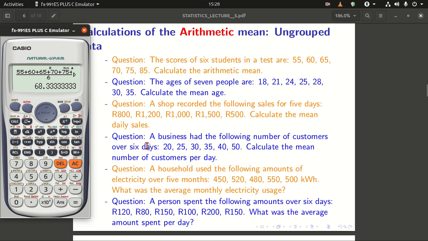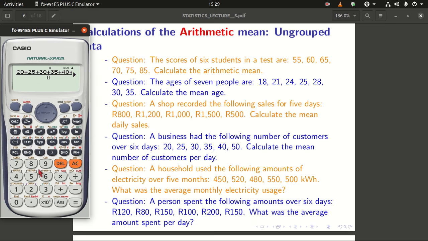Let's also do this one here. I have a 20, and then plus 25, and then a 30, and then a 35, and then a 40, and then a 50. And then how many of these things? I have 1, 2, 3, 4, 5, 6.